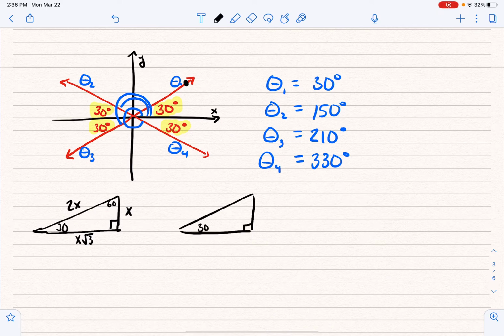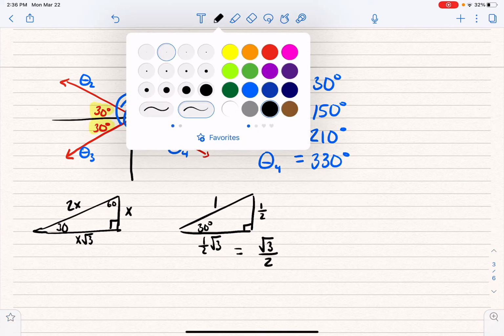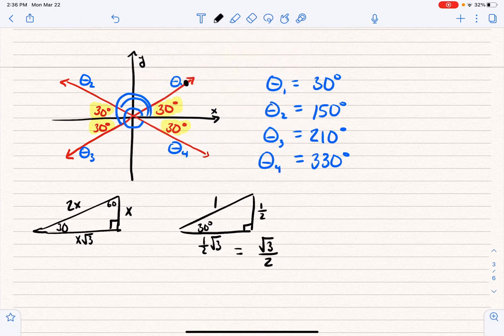So if I know this is 30 degrees, and I told you that this was 1, well, then the short side would have to be half of that. And then this longer leg would have to be 1/2 times the square root of 3. And another way of saying that would be square root of 3 over 2. Those are the same thing. Okay? Now, what we can do is look at what happens if we put a coordinate plane on top of this.